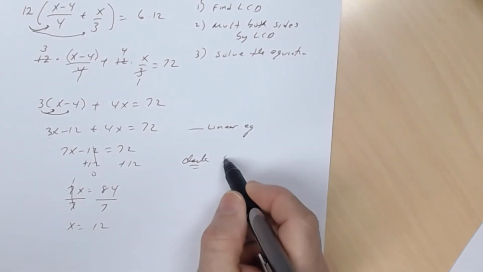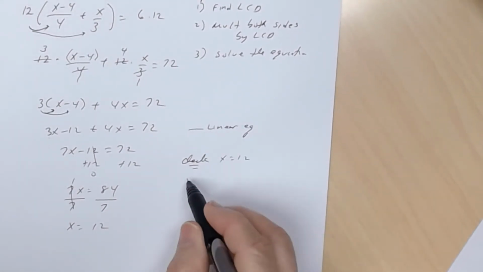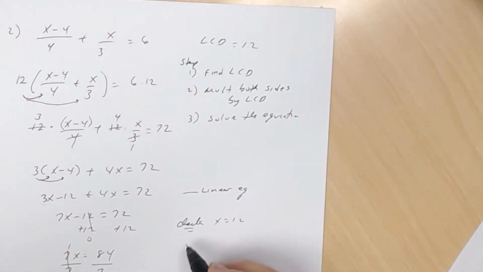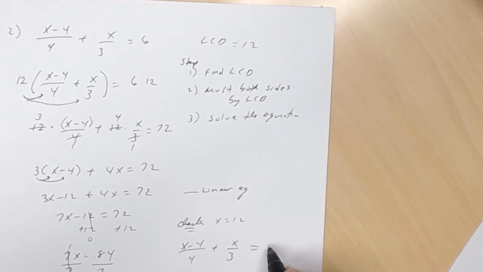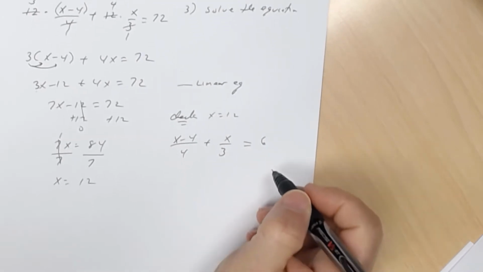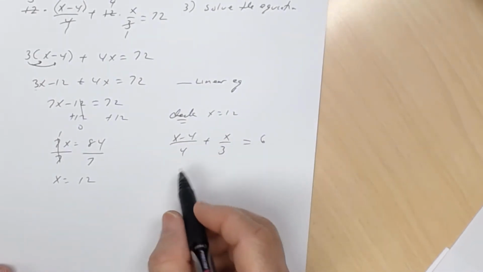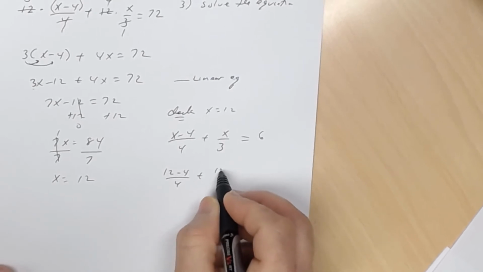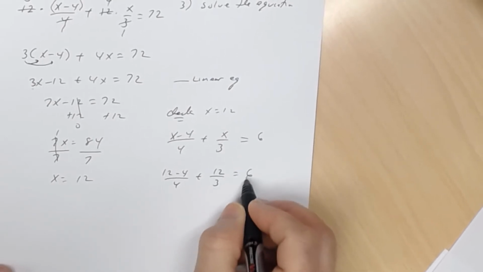Check x equal 12. So always go back to the original equation. So I'm going to write the original equation, x minus 4 divided by 4 plus x divided by 3 equals 6. Wherever we see the variable x, I'm going to substitute 12. So 12 minus 4 divided by 4 plus 12 divided by 3 equals 6.